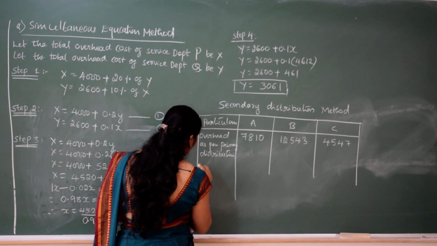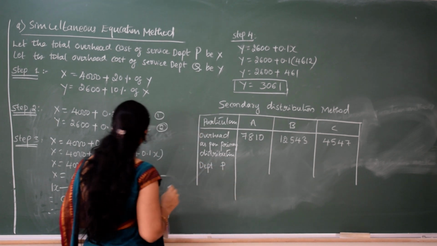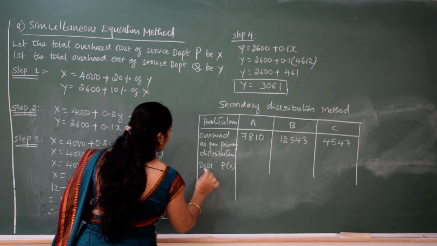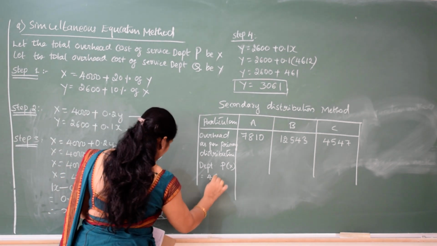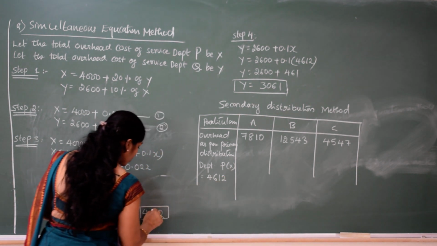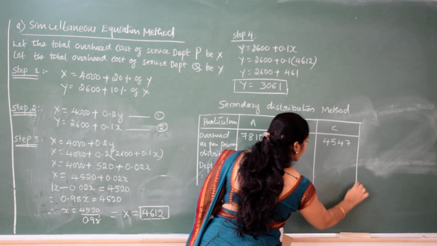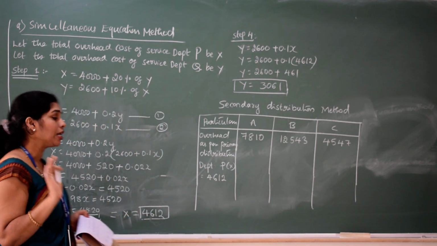And service department P. How much is the department P value? P value means the X value, that is 4,612. Here we have to distribute this 4,612 as per the given percentage.